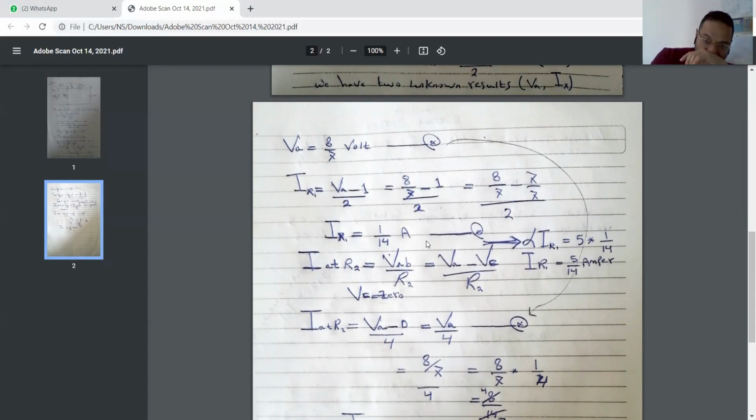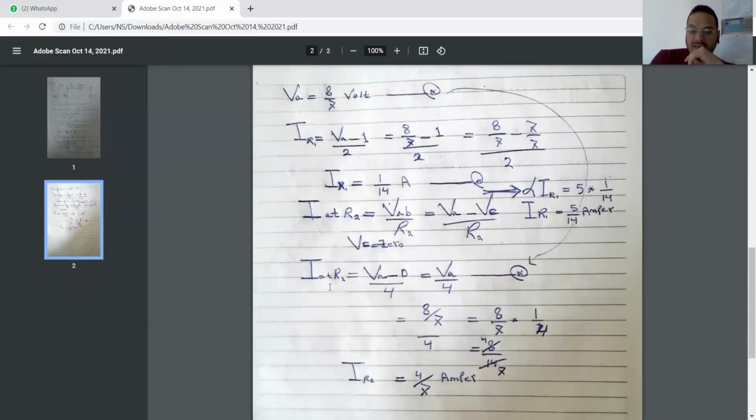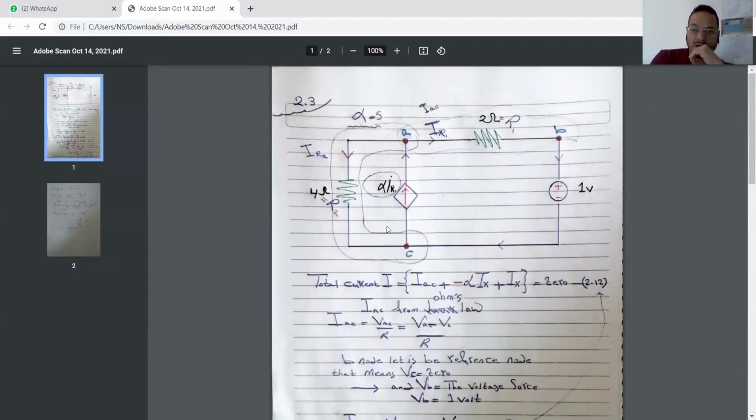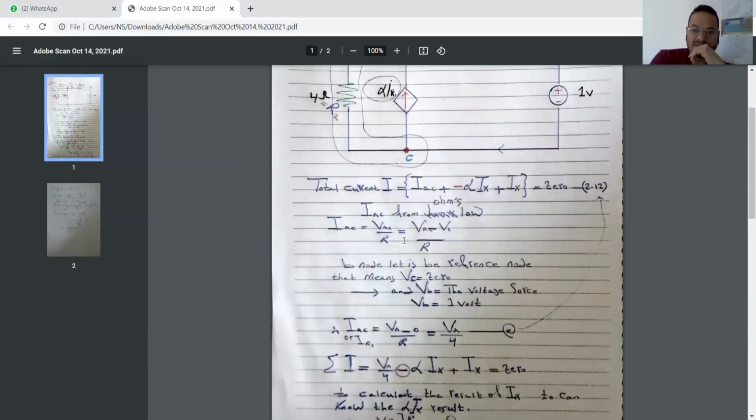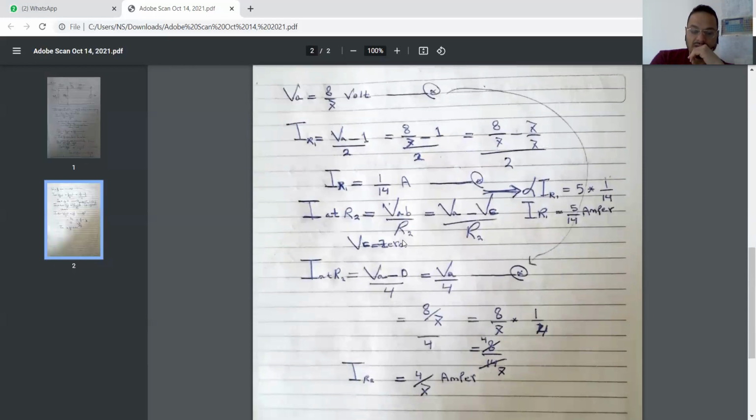And after that, another important element was VA to R2. Here, I'm sorry, here IR2, or I write it as the I at R2, equals, let's come back, I at R2 equals IAC. Here, let's take a look.